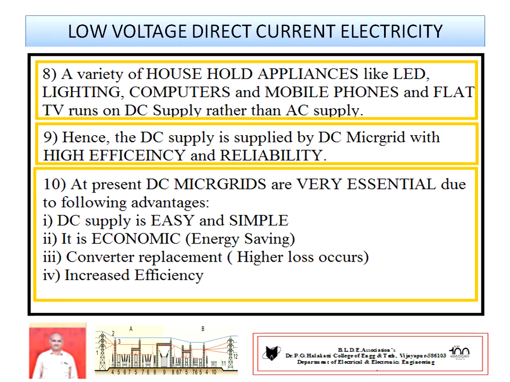At present, DC microgrids are very essential due to the following advantages. If we construct a DC microgrid, then it provides the following advantages. Point number one, DC supply is easy and simple as compared to AC supply. It is more economical than the AC system.